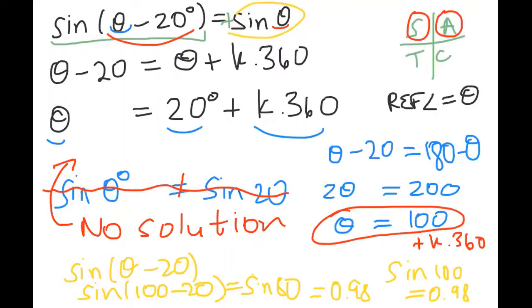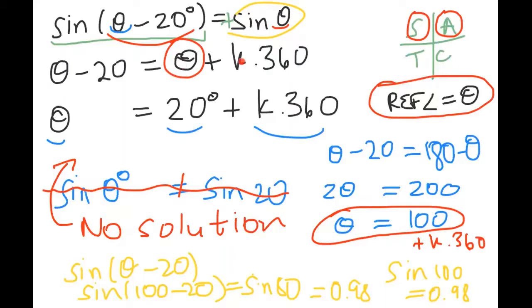So let me just explain again why I did this. You have to write this reference angle. So I use this as a reference angle, and this reference angle is the same that we have here. So this reference angle here will be the same we have there. That's why I say that answer there equals this theta plus the k.